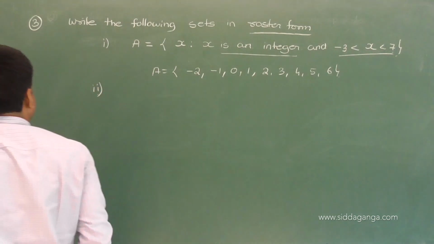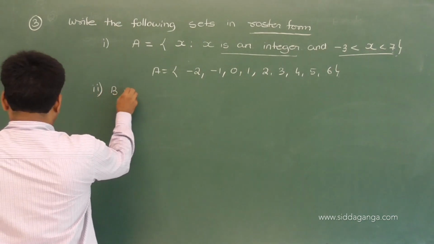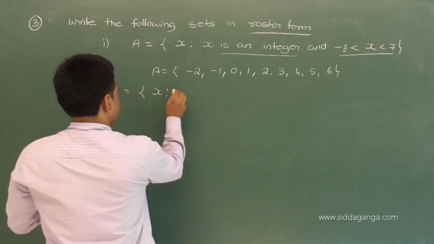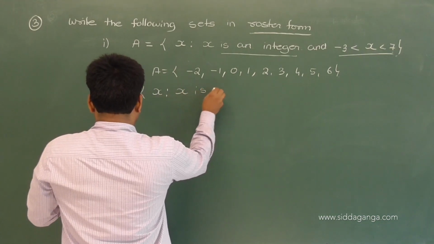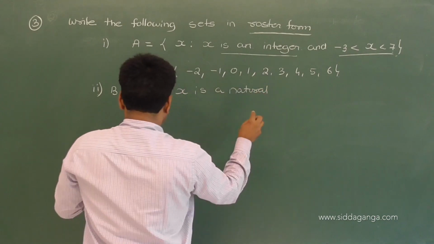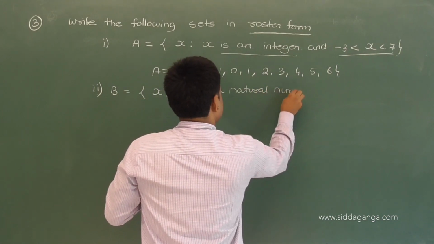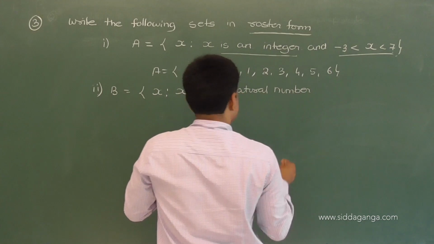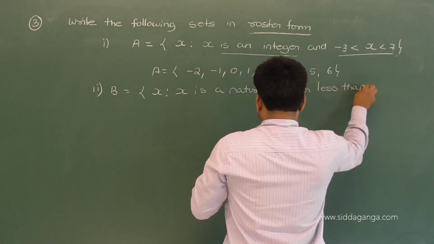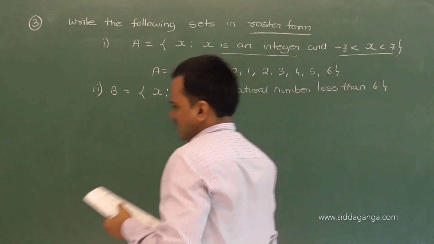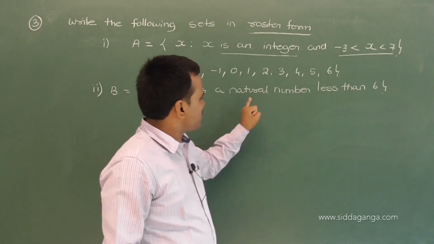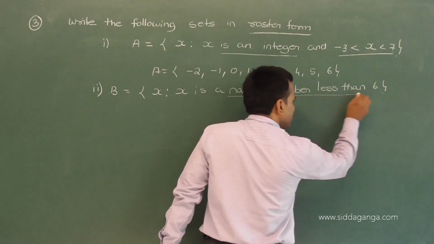Second problem. Set B: x such that x is a natural number less than 6.